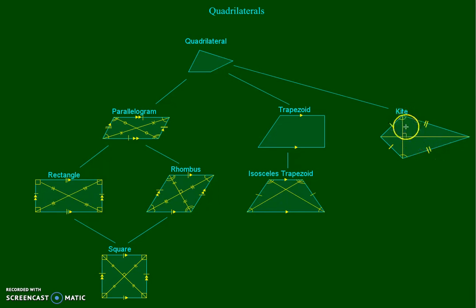They have 1 pair of opposite congruent angles, and these are the angles that separate or are between the pairs of consecutive congruent sides, and the diagonals are perpendicular. So that wraps up all of our quadrilaterals that we studied in this series.